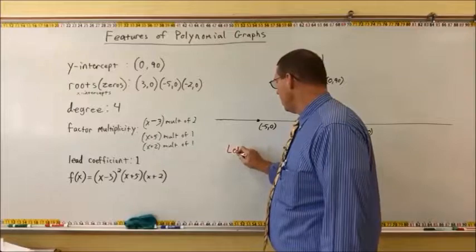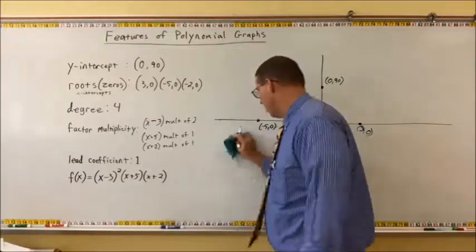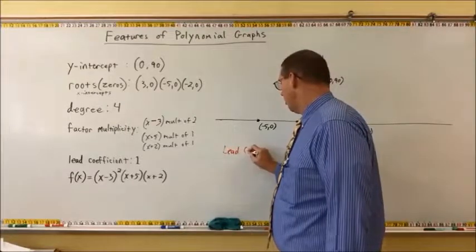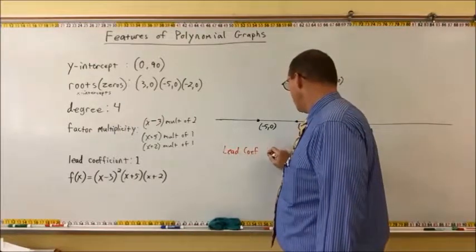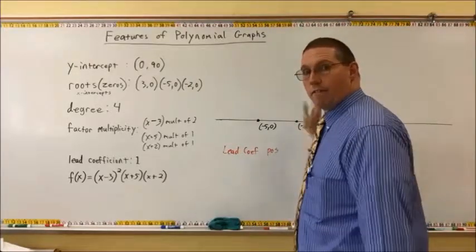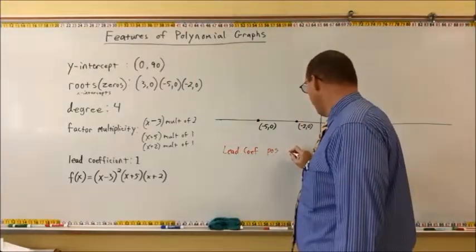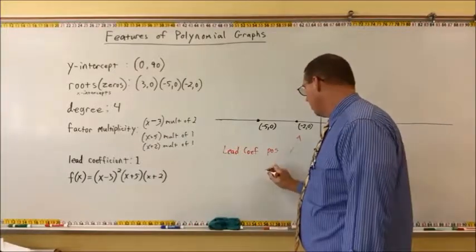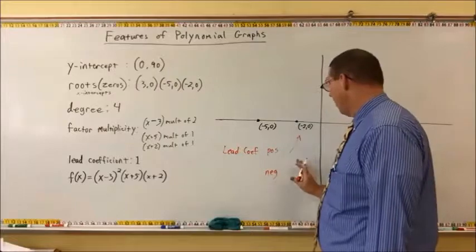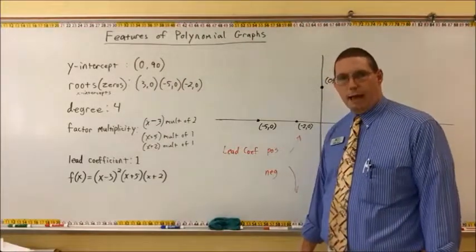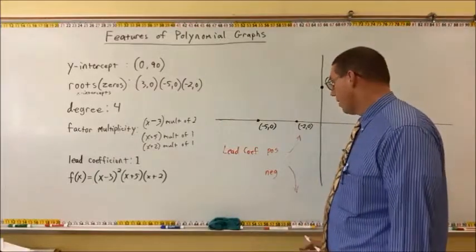If the lead coefficient is positive, then the right side of the graph is going to go up. The right side is going to be pointing an up arrow. But if the lead coefficient is negative, then the right side of the graph is going to be pointing down, a down arrow.